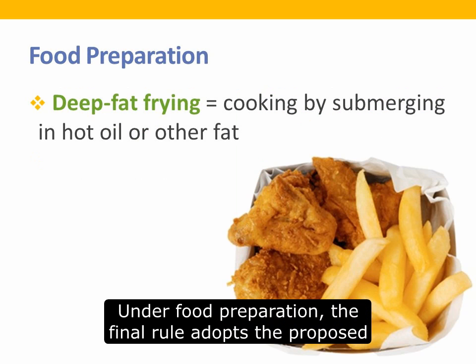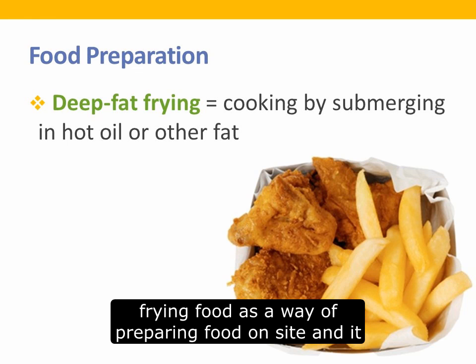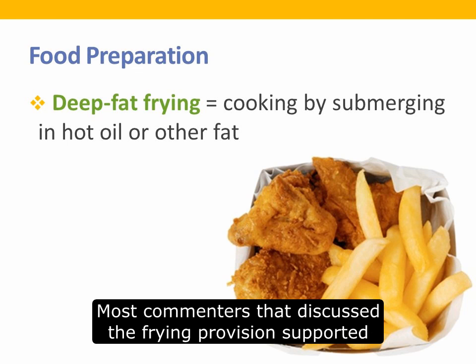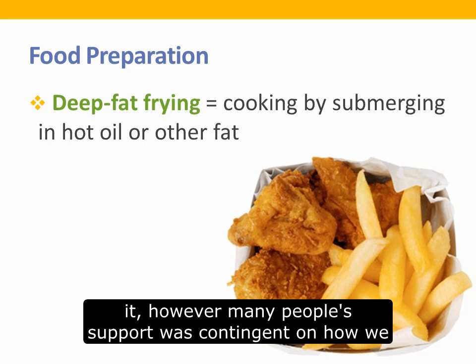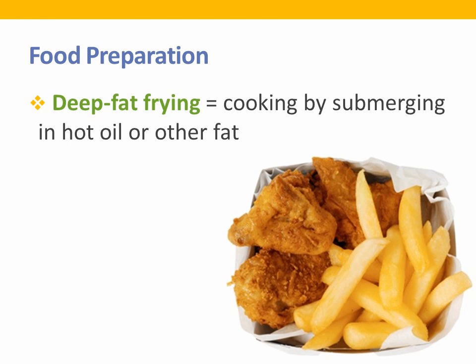Under food preparation, the final rule adopts the proposed rule's requirement to prohibit centers and daycare homes from frying food as a way of preparing food on site, and it continues to allow providers to purchase pre-fried foods. Most commenters that discussed the frying provision supported it. However, many people's support was contingent on how we define frying, as the proposed rule did not specify what frying meant.